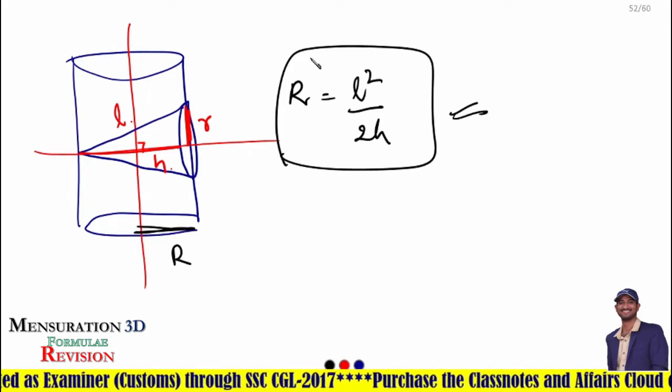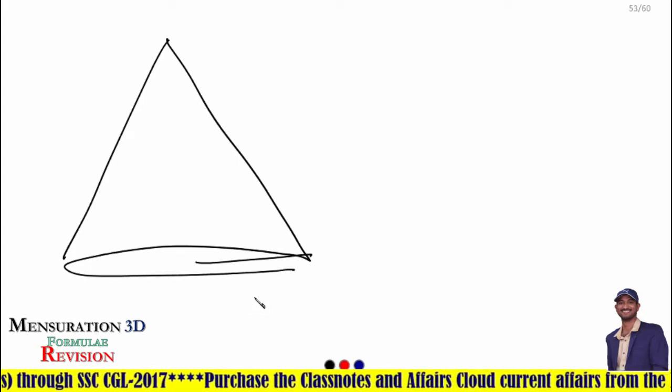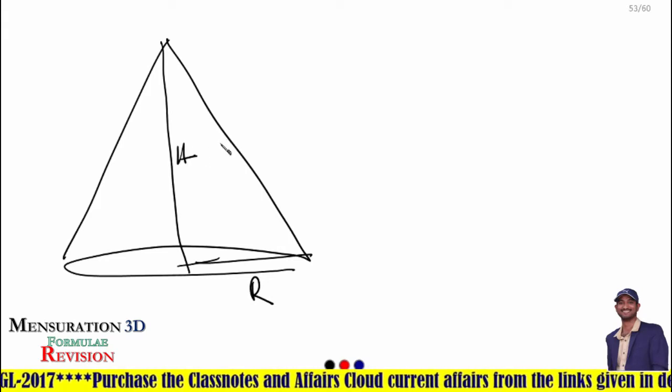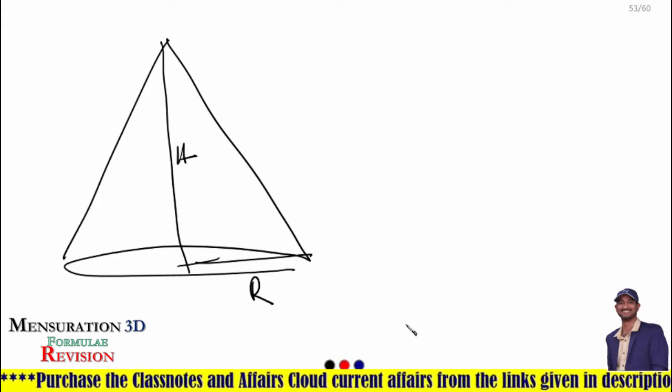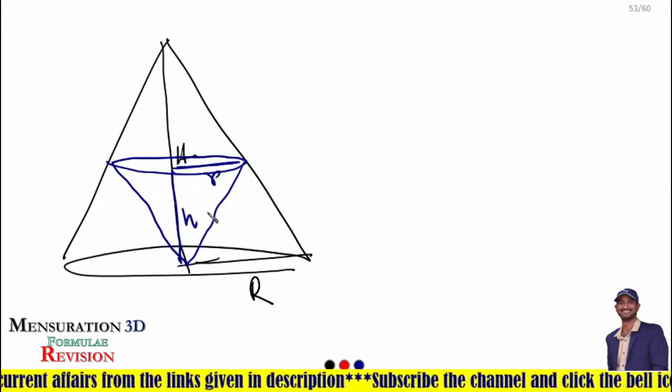And next one is a cone inscribed in a cone. There is a bigger cone of dimensions capital R, capital H. And now a cone is inscribed in this cone in the reverse manner like this. The dimensions of this cone are small r and small h.